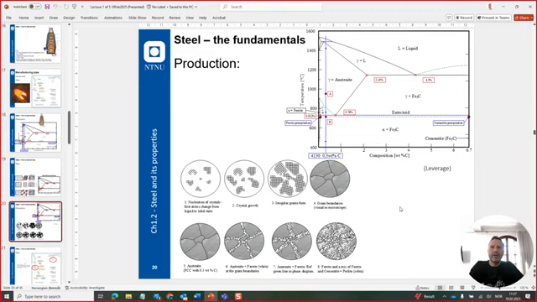We'll quickly cover it. The first one being around, say, 1500 degrees Celsius.